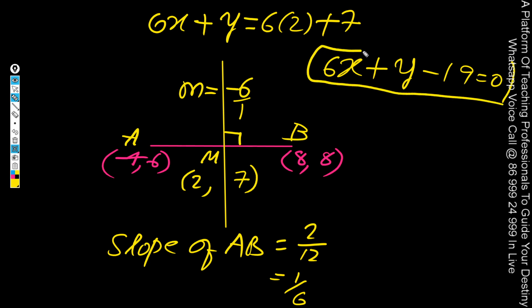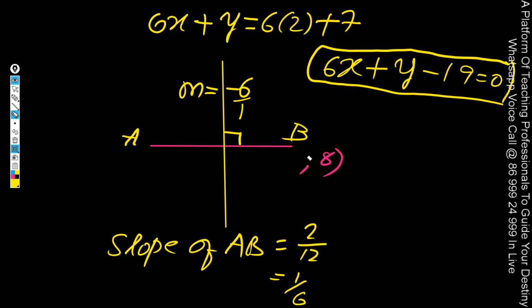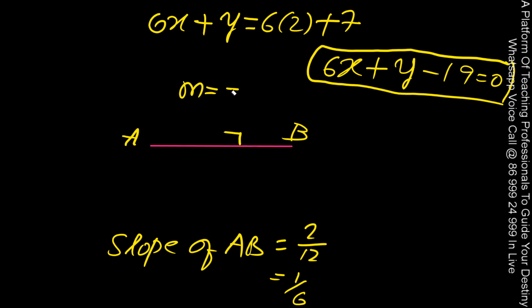Up to this it's okay. What is the property of the perpendicular bisector? I am removing all this. The property of the perpendicular bisector is that if you choose any point on the perpendicular bisector, it is always equidistant from the two given points or the extremities of the line segment.